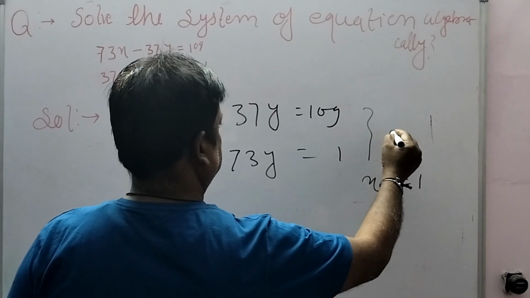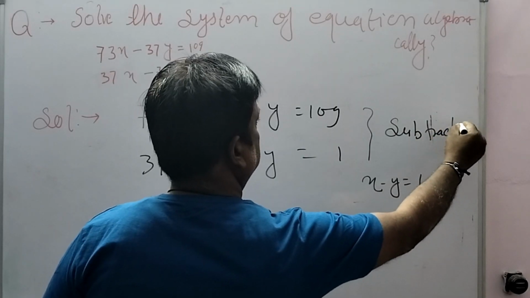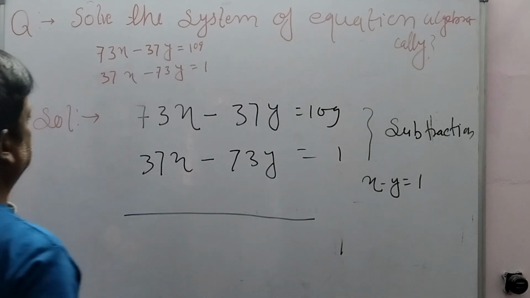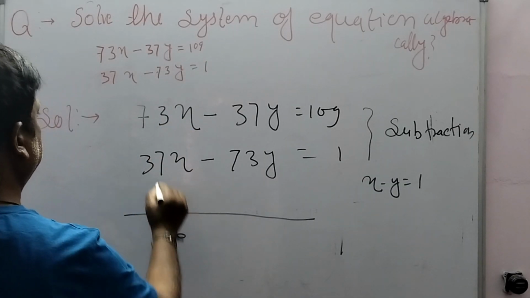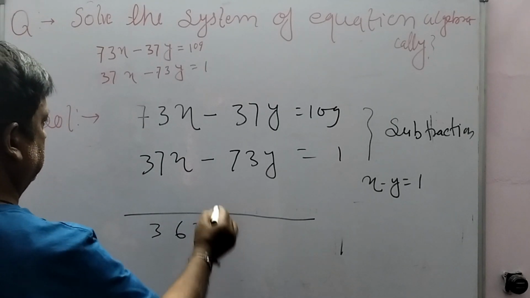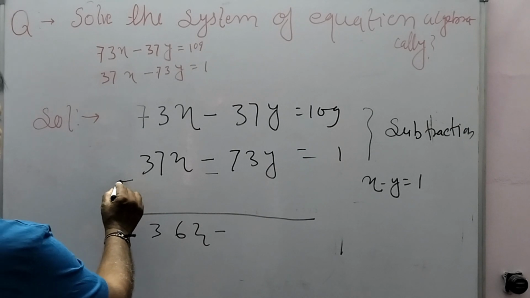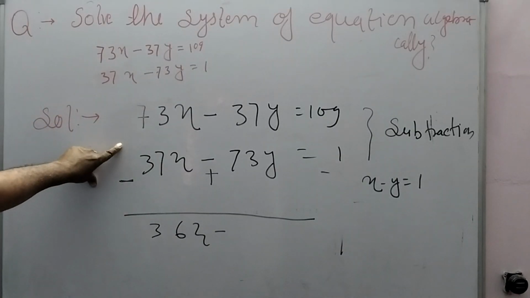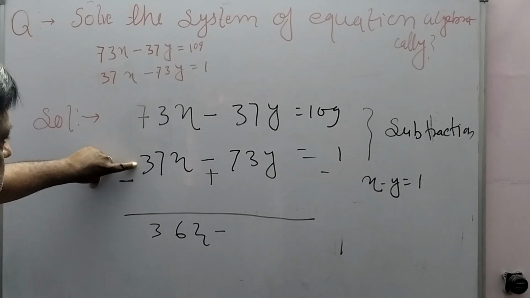Now subtraction. Subtracting, 73 minus 37 gives 36x. Subtracting means we have to reverse the signs of the next equation, equation number 2.